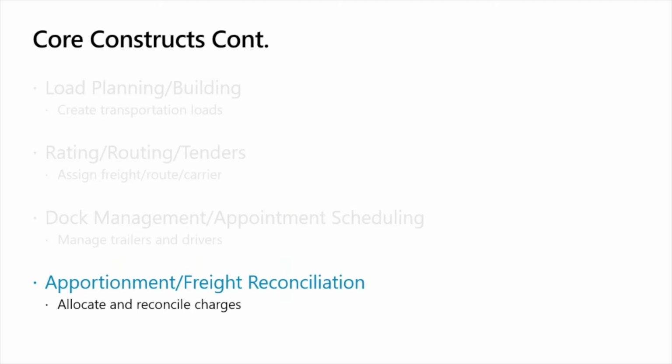And then finally, we have apportionment and freight reconciliation. So this is more of our financial piece of transportation management. Apportionment is the term that means we are allocating our freight charges that we retrieved earlier in the rating process back to our sales order lines.